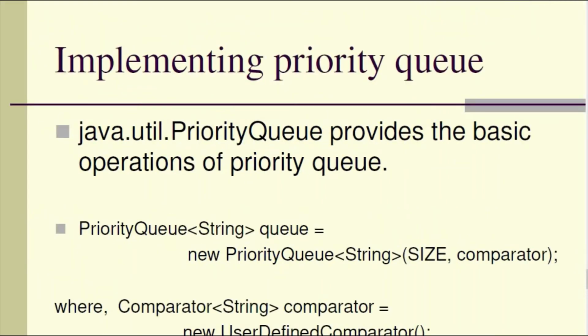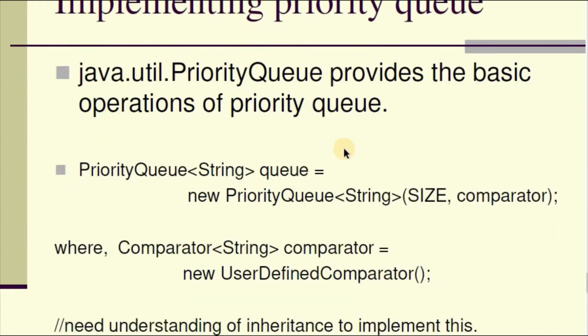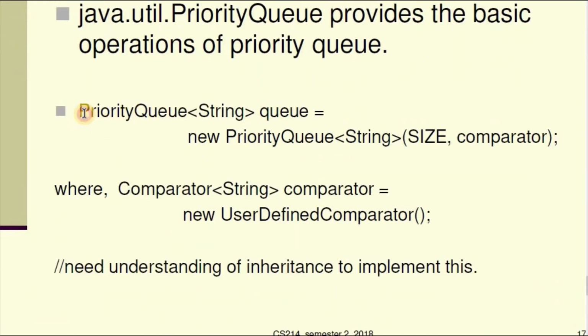Implementing priority queues in Java is pretty easy. However, there's an additional step that you need to consider. You can use the java.util.PriorityQueue. It provides the basic operations of a priority queue. So you would say, okay, PriorityQueue, let's say you want to fill your queue with strings, so you say String. If you are filling your queue with integers, you would put in the wrapper class for integers with a capital I. Then here you are calling it queue equals new PriorityQueue String, and then size and comparator.